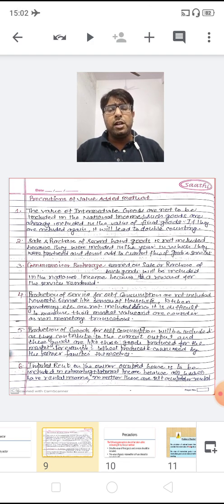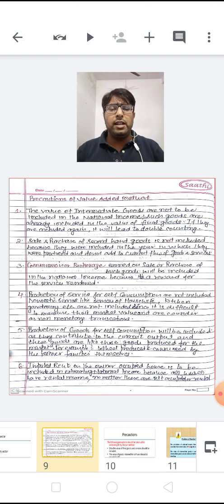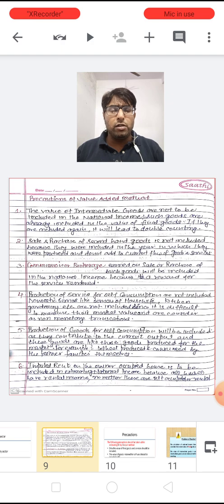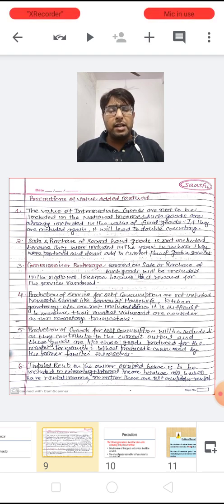Now second is commission and brokerage. If there is any commission or brokerage earned on the sale and purchase of any such goods, then it will be included in calculating the national income, because that income the person has earned is the reward for the services rendered.